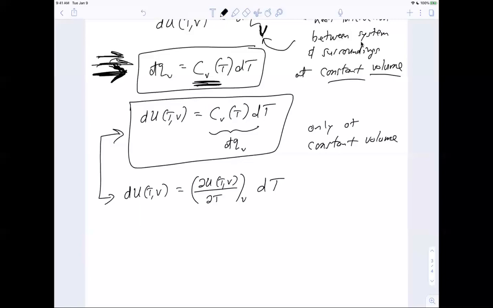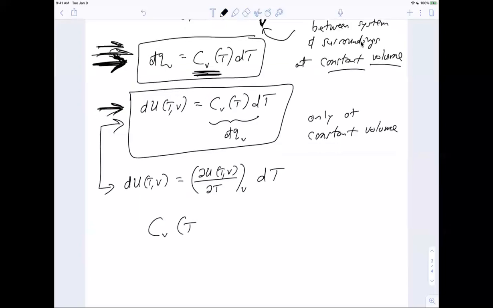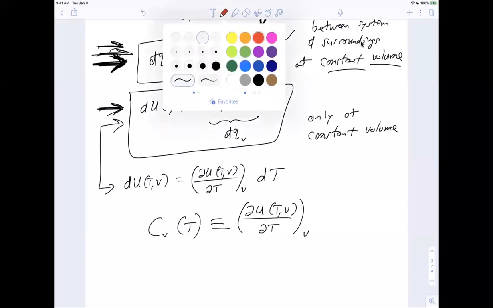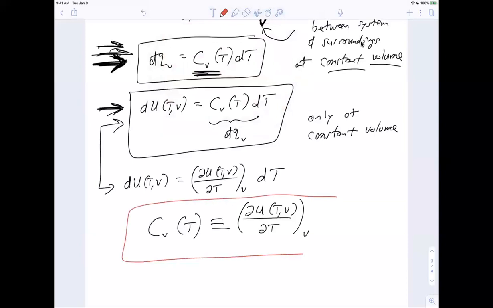When we connect it to this expression, we see that a very fundamental definition of this constant volume heat capacity turns out to be CV of T is equal to, now it's a definition, a thermodynamic definition, of the partial of U with respect to temperature at constant V. This is going beyond what you've seen or been told or have been introduced to for the constant volume heat capacity before.